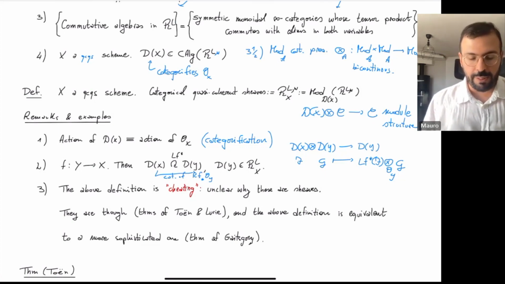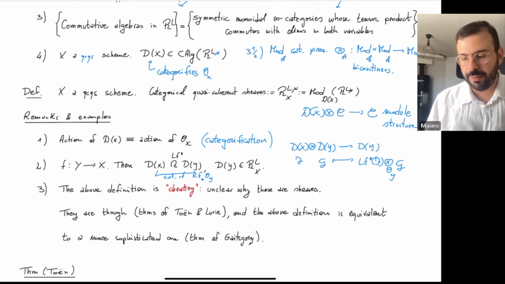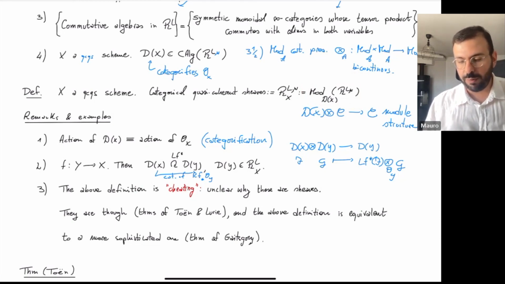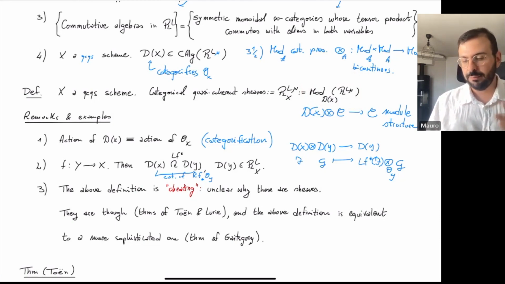And then a general remark is that I am actually a little bit cheating, but it's the only way to keep the talk self-contained. I'm cheating in the sense that it's not clear why this definition I gave has anything to do with sheaves, but it's true. There are a couple of important theorems in this area that essentially guarantee that this is a good definition.